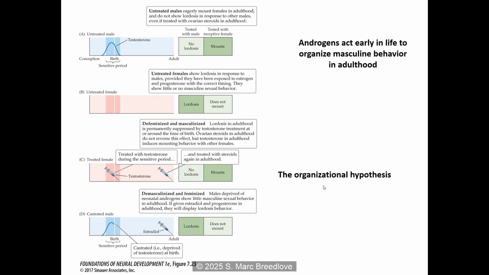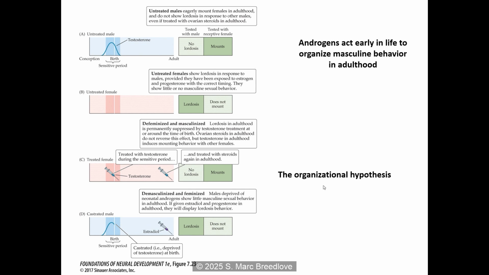And they called this the organizational hypothesis, well aware that that's basically the picture that had come out in studies of sexual differentiation of the periphery in mammals. So they said, just as testosterone early in life organizes the body to take on a male phenotype, testosterone early in life organizes the brain to take on a male phenotype.